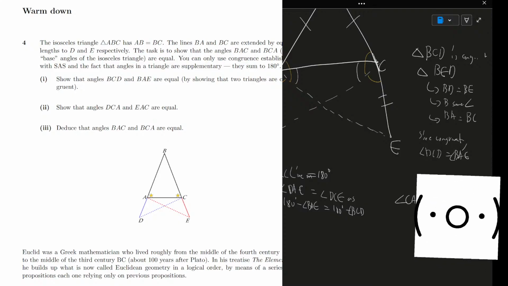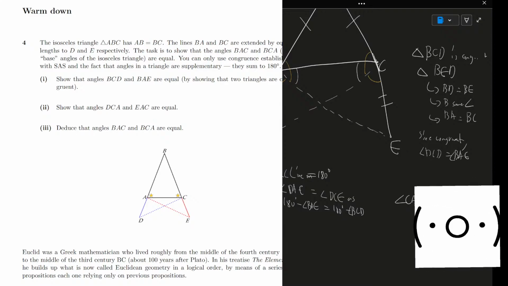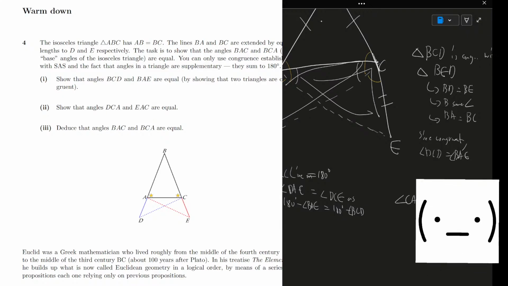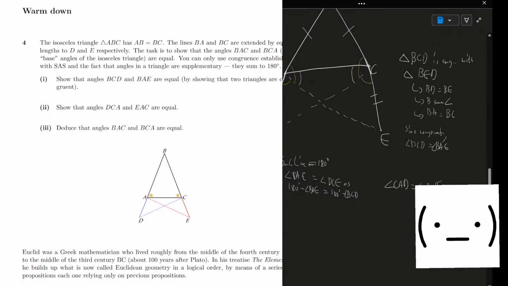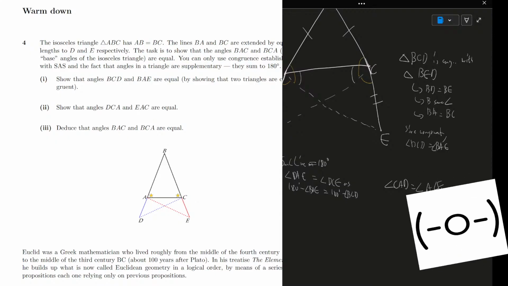If we can figure that out, we can prove the congruency of ACD, so this triangle and this triangle. Again, limited options. You can't exactly prove something is congruent to itself.